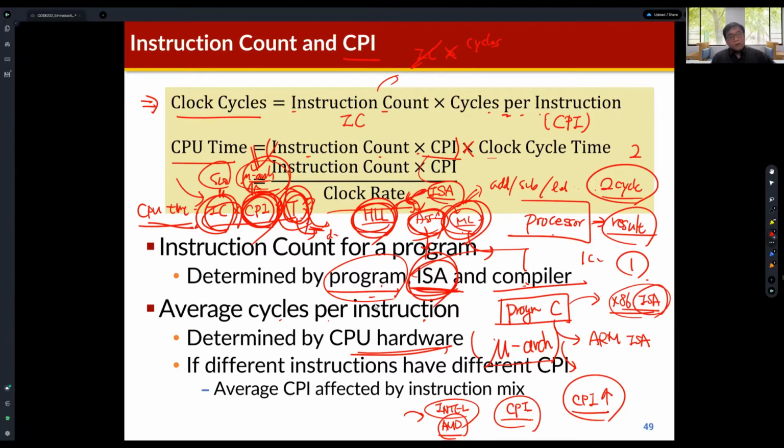So the number of clock cycles is IC multiplied by CPI. Why do we divide? Because instruction count is primarily influenced by the software part, and CPI is influenced by the architectural part.